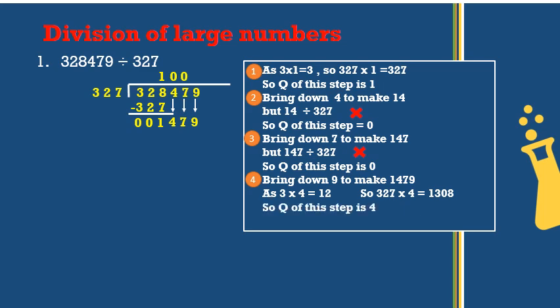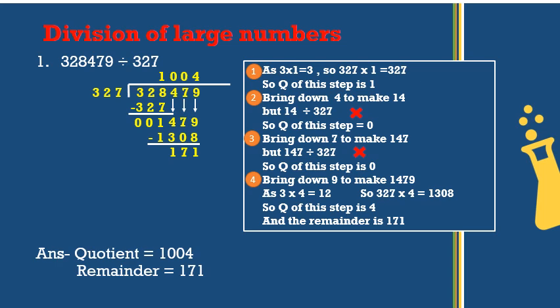So children, the quotient of this step is 4. And we will put 1308 below 1479 and we will subtract it from 1479 to get the answer as 171. And children, 171 is the remainder. So children, the answer of this division is quotient is equal to 1004 and remainder is equal to 171.